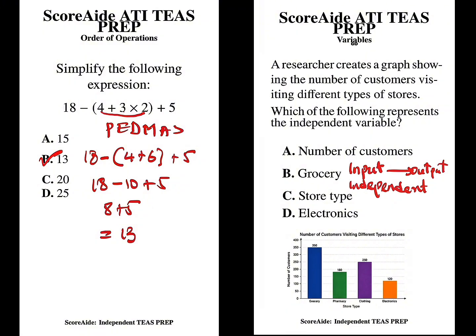You have to first of all go to the grocery store before you determine the number of customers, right? Therefore, the number of customers depends on the store type. So the independent variable is the store type, and the number of customers is the dependent variable.